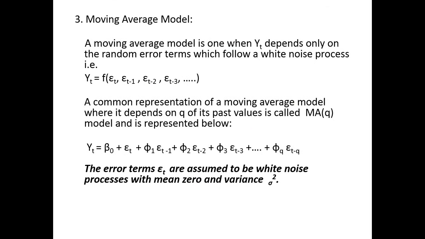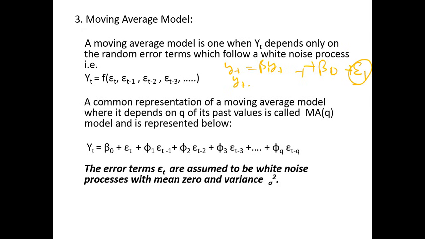Next type of models are known as the moving average model. The moving average models are the ones where you forecast by taking the error terms. So if you do a regression of Yt with Yt minus 1, with say beta 1 plus beta naught, you will get error 1.